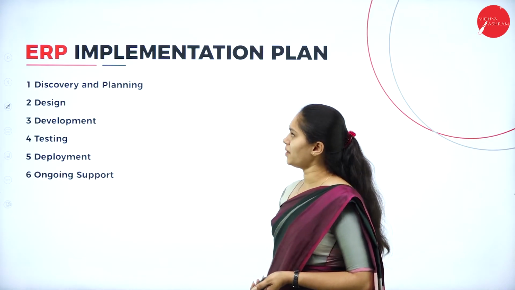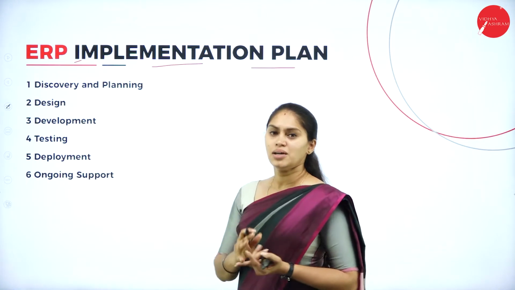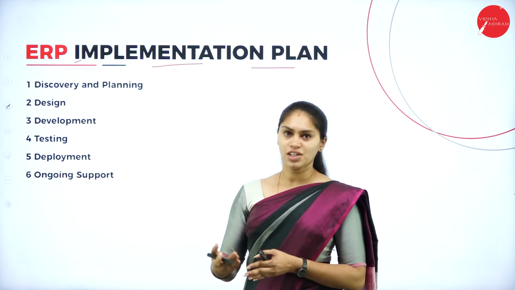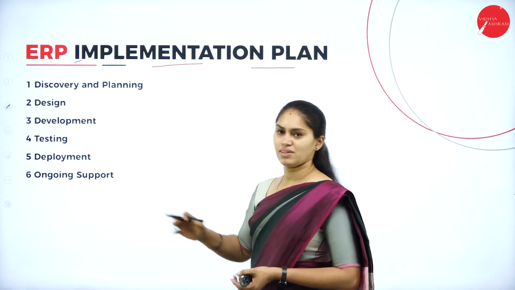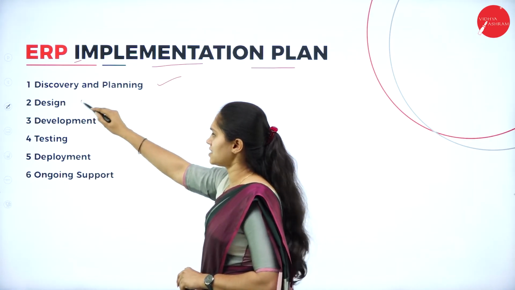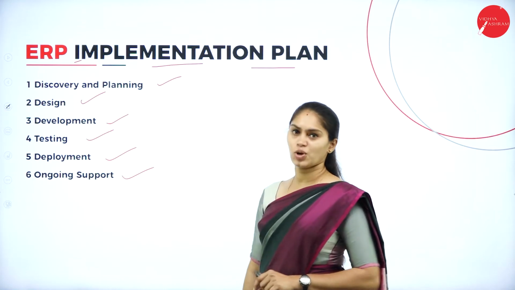We'll see the next topic, that is ERP implementation plan. So now we have purchased the ERP, and it needs to be implemented for use. This has several stages. It includes discovery and planning, design, development, testing, deployment, and then ongoing support.